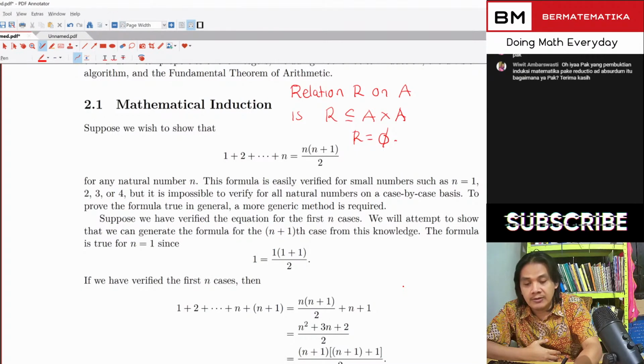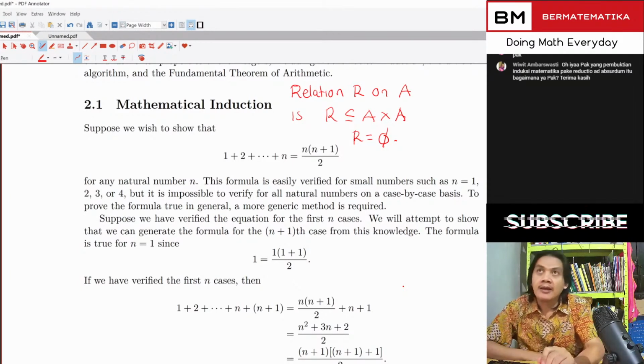Let's say A equals {1, 2, 3}, and we take R to be the set of collection, let's say (1, 2), (2, 1), (2, 2), (1, 1). Right.